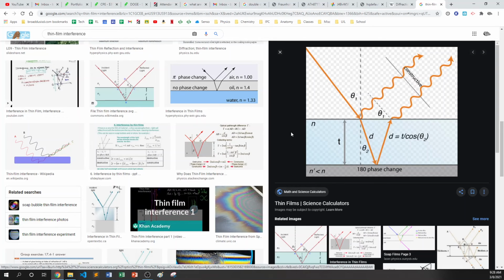What are they using? Oh, they're using cosine for this angle, which would be sine of that angle.